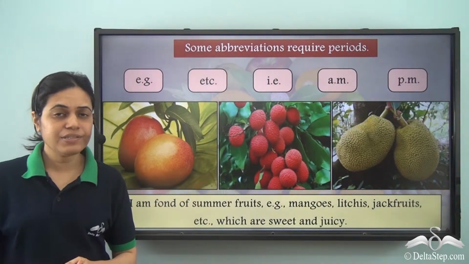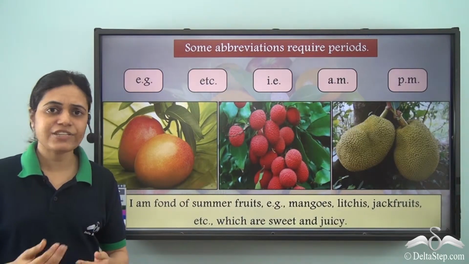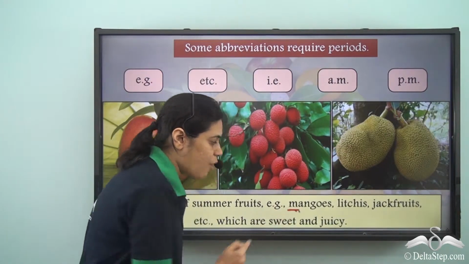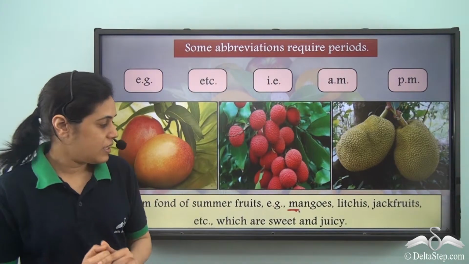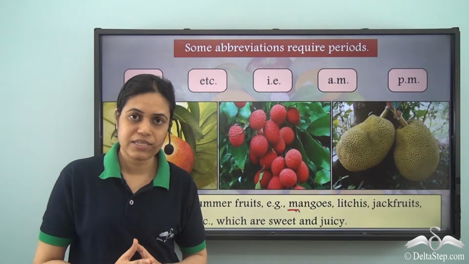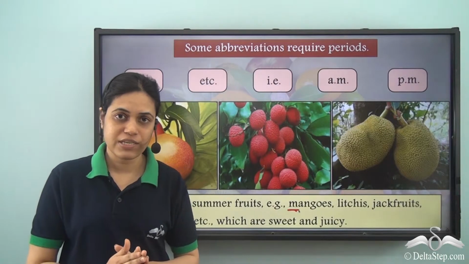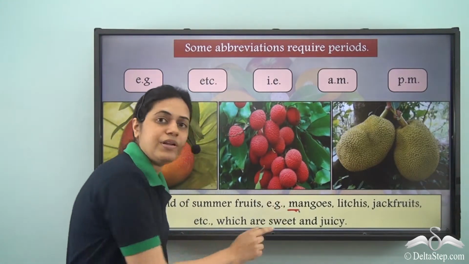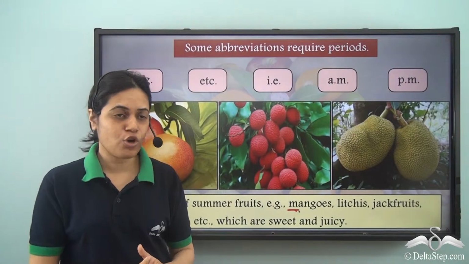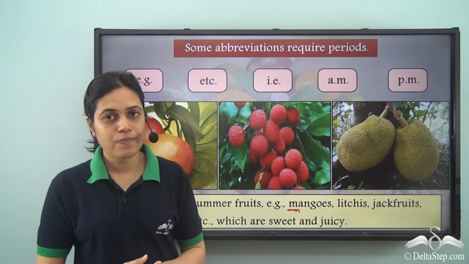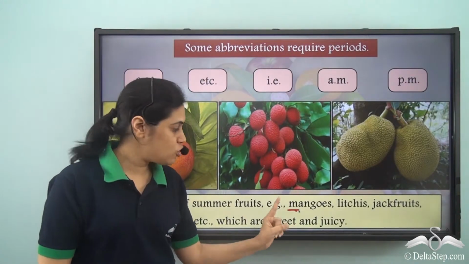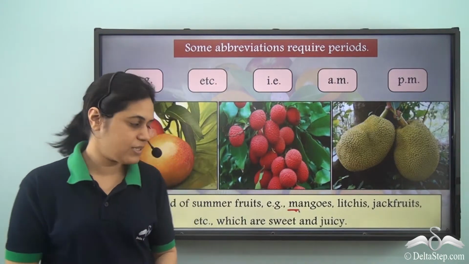Also, we had learned that after a full stop, the next letter is capital. But over here, if you see, the M of mangoes is small. This is because we are using a full stop in the middle of the sentence and not at the end of the sentence. So this example is an abbreviation or a short form, and to indicate the short form we use full stops, but it is not the end of the sentence, so the next letter is not capital.